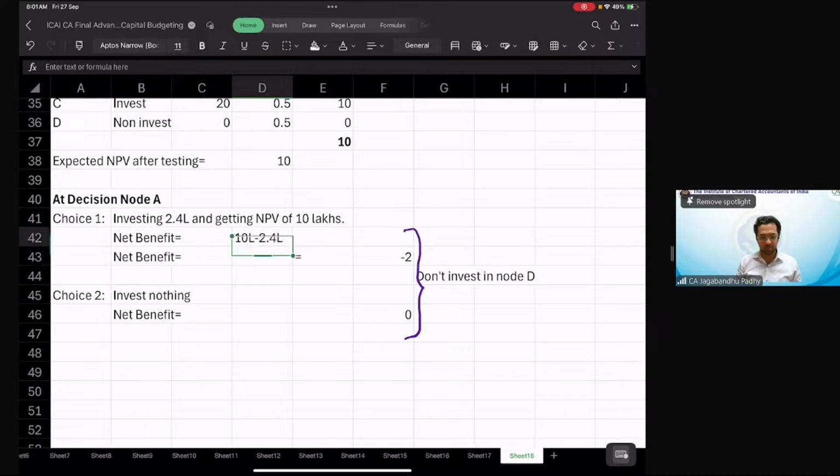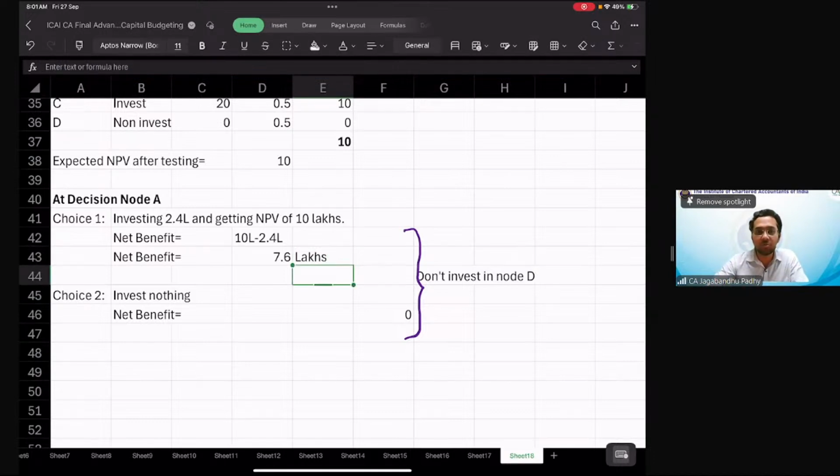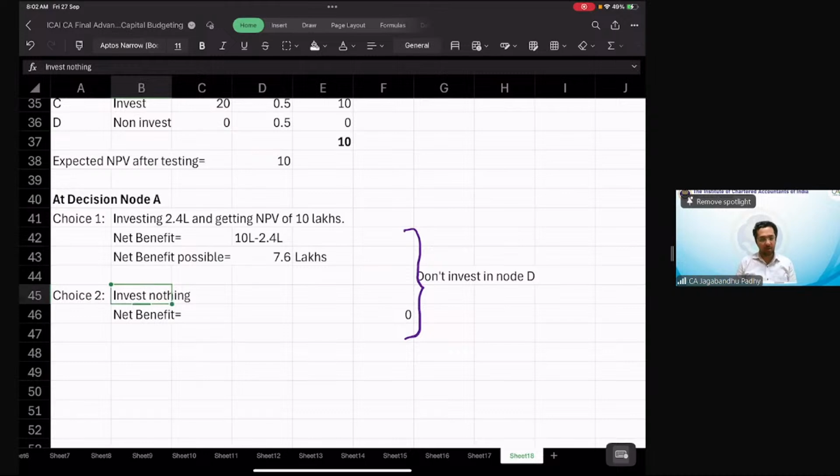So 7.6 lakhs is the net benefit that you're going to get. So possible net benefit is 7.6 lakh.